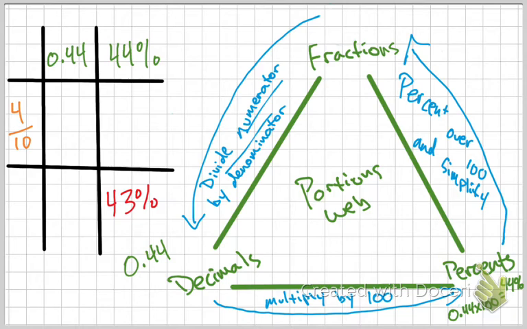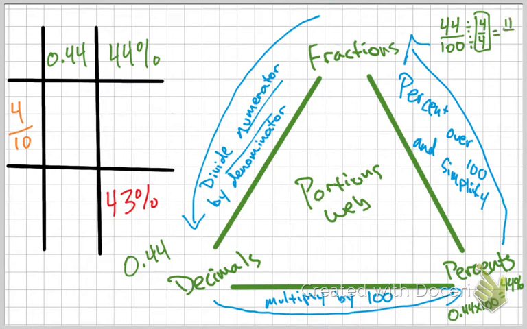I'm going to follow my rules, which said I'm going to write my percent over 100, and then I'm going to simplify if I can. So in this case, I have 44 over 100, and I want to simplify. In order to simplify, I'm looking for a number that I can divide both the top and the bottom by. In this case, I can divide both the top and the bottom by 4.